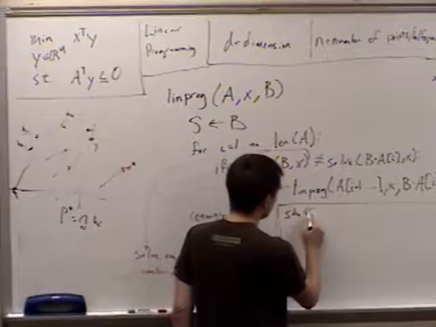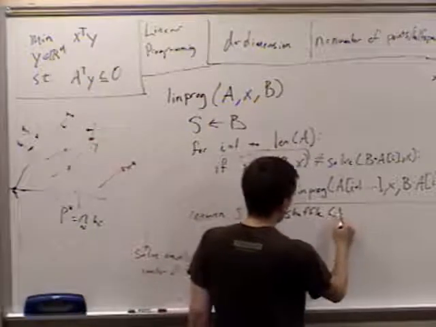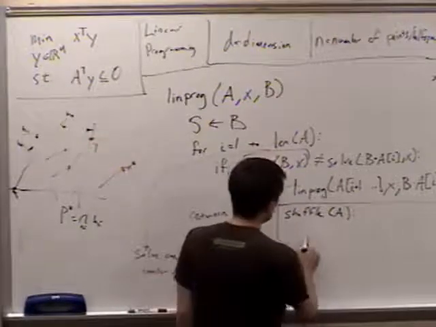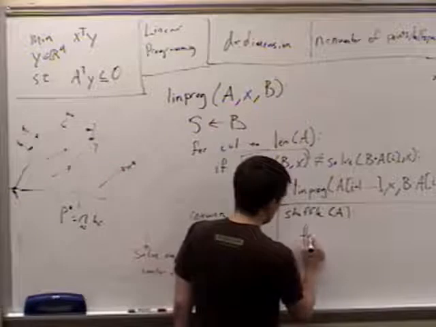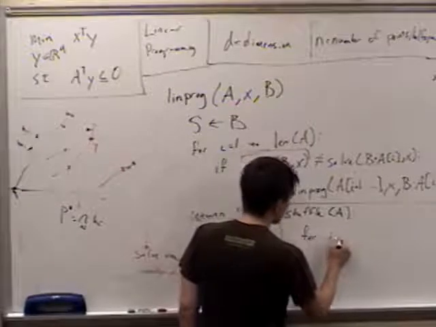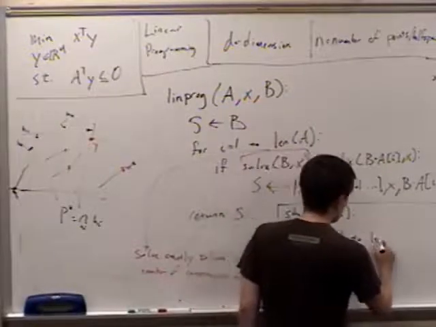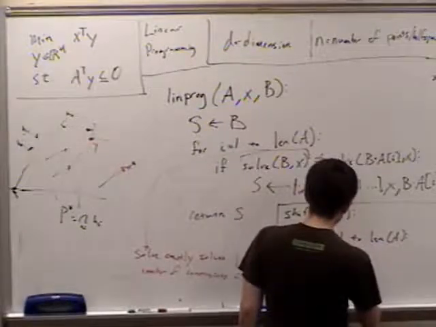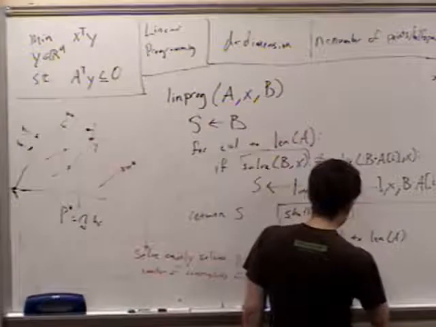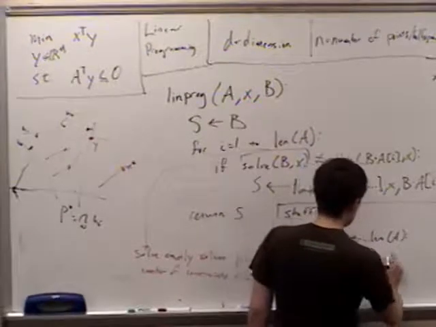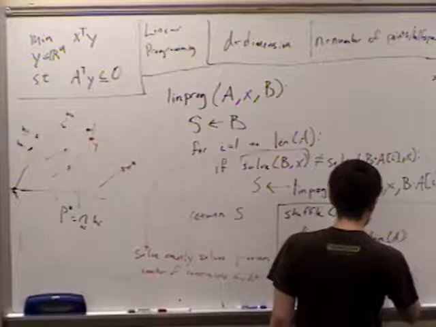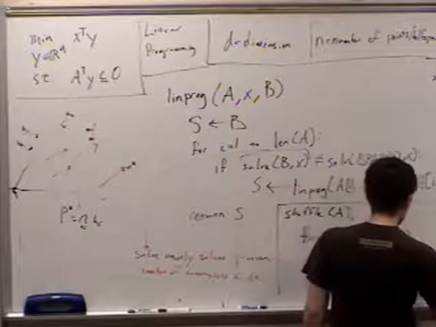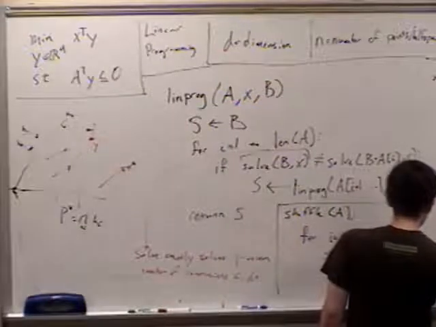So the way you shuffle an array A is that you just loop over all the elements. So you say for i equal 1 to length of A, you swap the element A[i] with the element A[i + rand mod (n - i)].